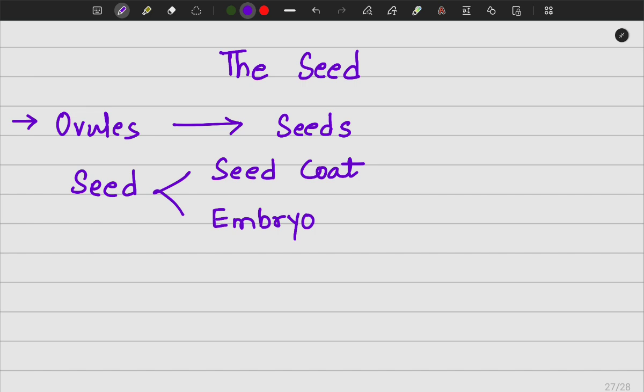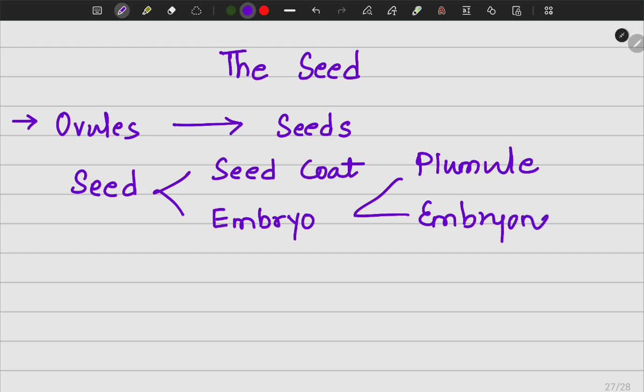And if we talk about the embryo, it has several parts like the plumule, which gives rise to the shoot, and an embryonal axis, then it also has a radicle which gives rise to roots.